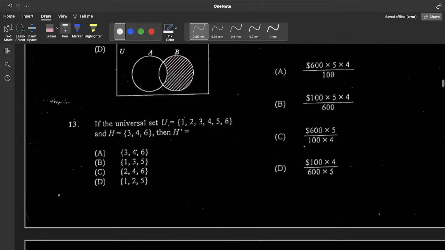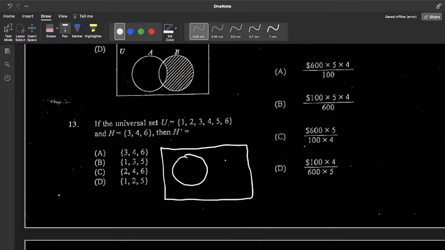Note 13. The universal set U is equal to 1, 2, 3, 4, 5, and 6. And H is 3, 4, and 6. What is H complement? So this is a universal set. We don't need this. We only have one in this case. So let's say we have H here.